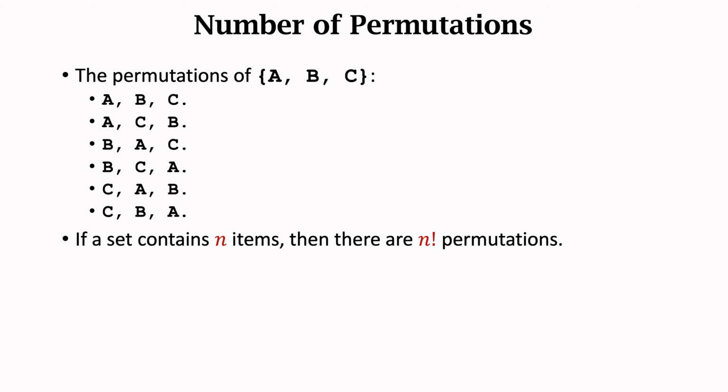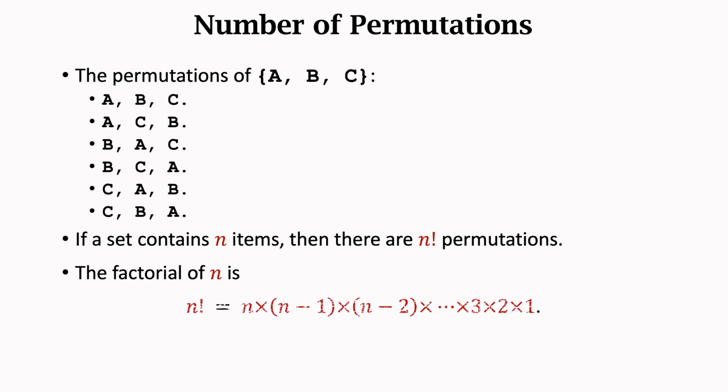More generally speaking, if a set contains n elements, then the number of permutations is the factorial of n. Here is the definition of factorial. The factorial of n is n times n minus 1 times n minus 2 dots 3 times 2 times 1.